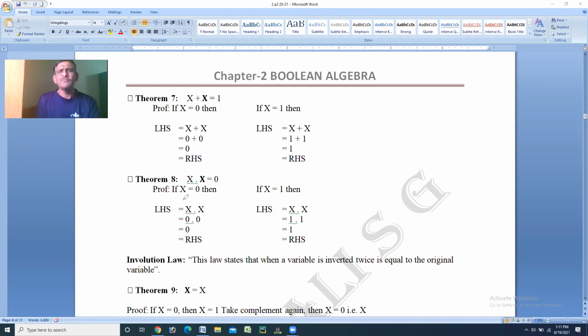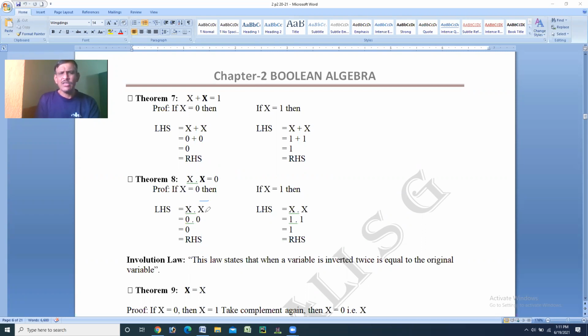Then I'll move on to theorem number 8, that is x dot x complement equals 0, by the complementary law statement. So again, you have to prove it. First case, if x equals 0, then take the LHS, x dot x complement.